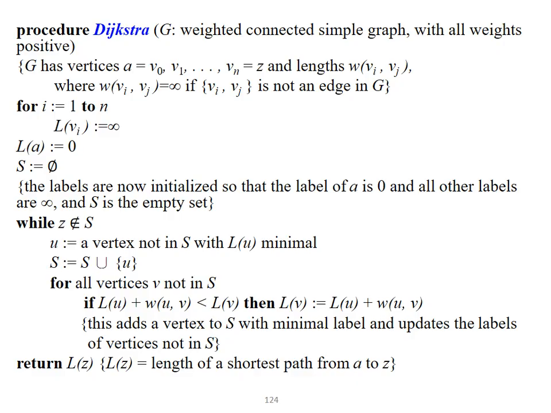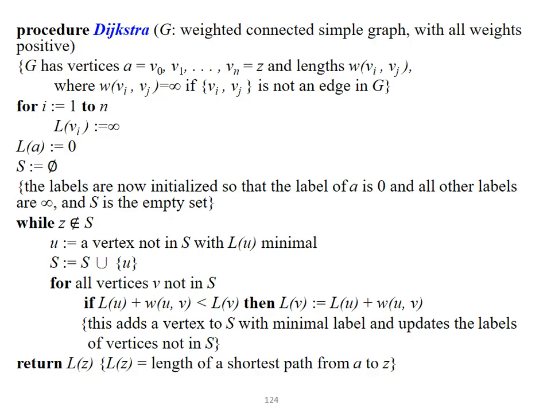We use Vi and Vj to define an edge, and the weight is called W of Vi Vj. Initially we set the weight Wij to infinity if there are no edges between Vi and Vj, so we can consider the weight to be infinity.